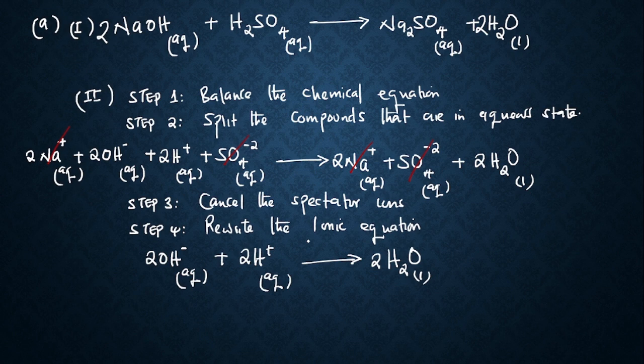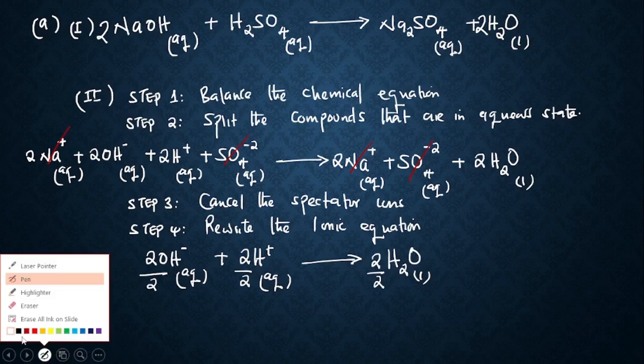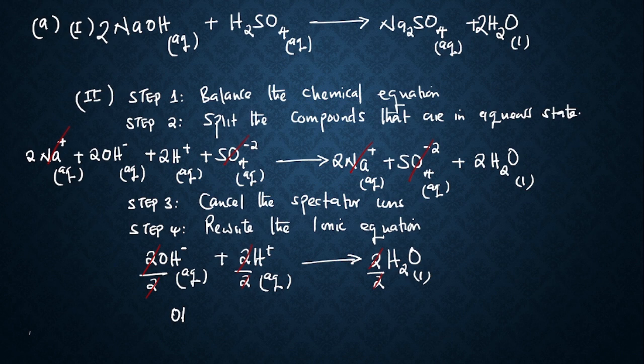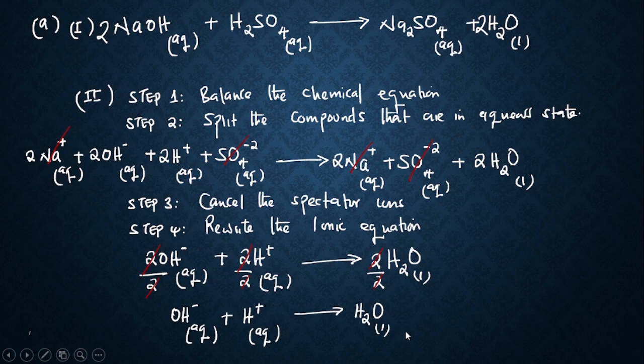So we can divide by 2, because that 2 is divisible to each of them. We are simplifying it further: we're going to have OH⁻ plus H⁺ gives H₂O. So that is the simplified ionic equation.